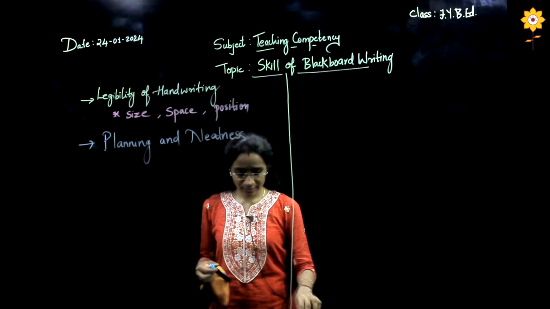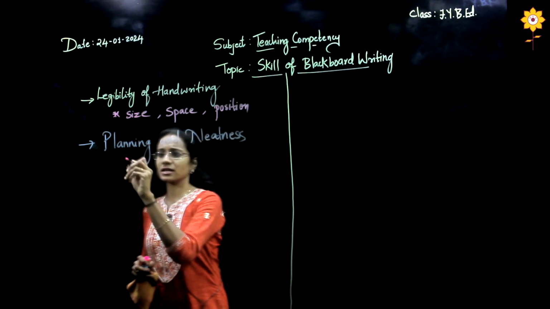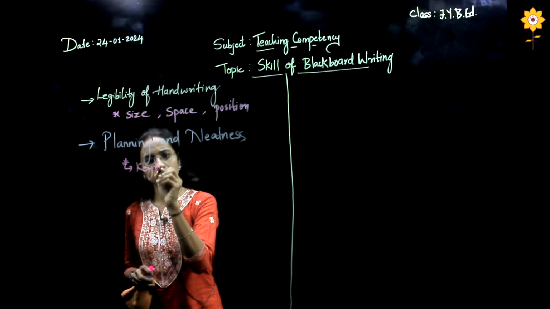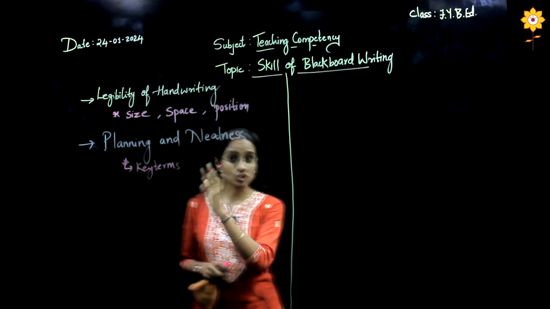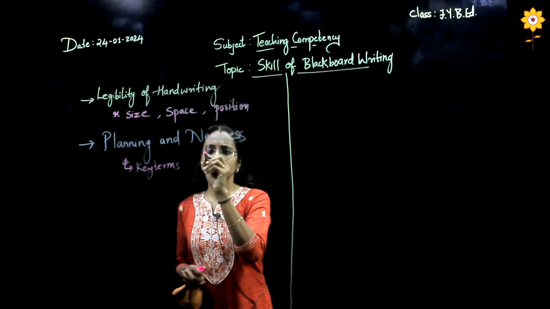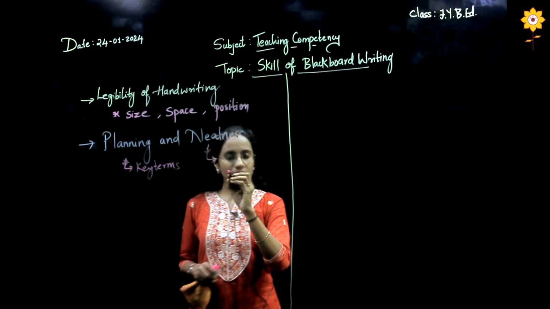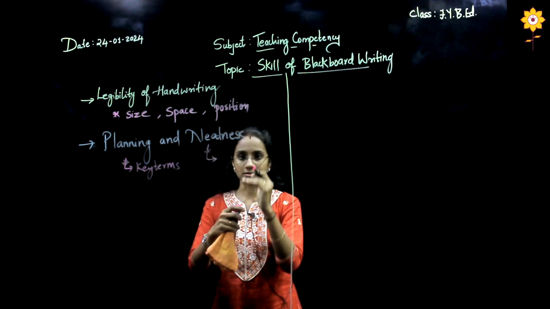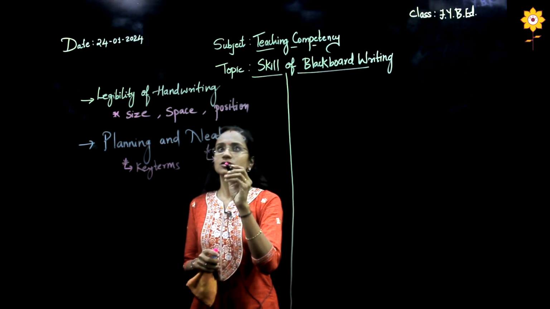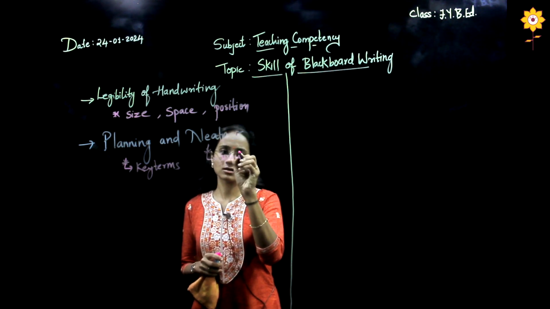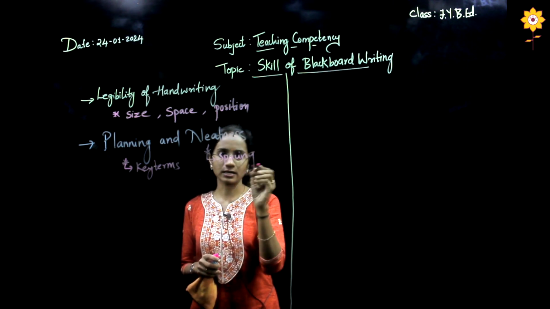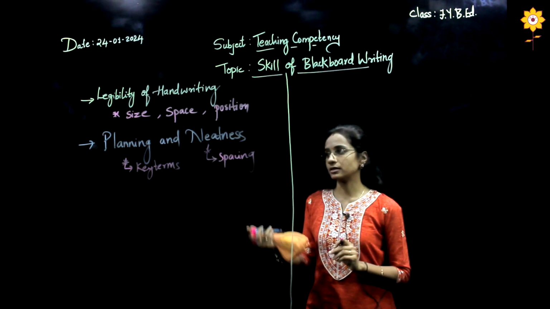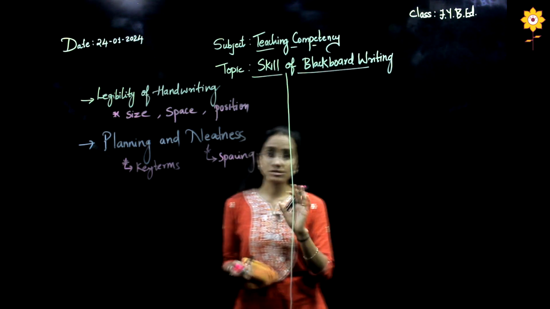And then in neatness, here we can say the key terms that you use. All those things should be covered. And in neatness, when you're writing something, even between two lines, you should have equal spacing. So spacing between the lines should be maintained correctly, right? So planning and neatness should be there.